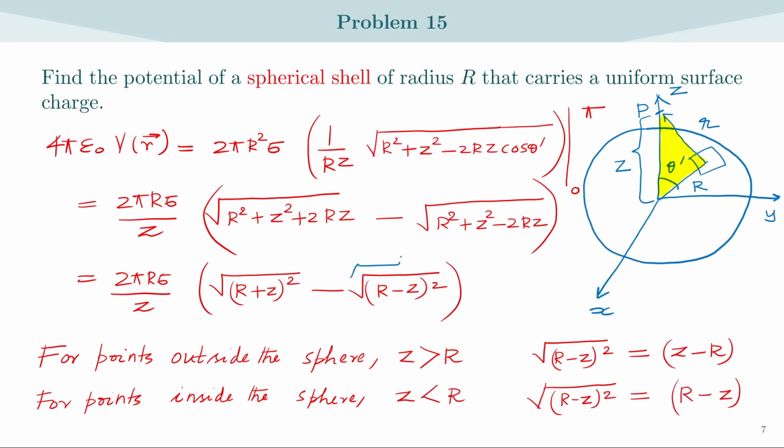In other words, this term has to be the modulus of R − z. Otherwise, the value of the potential will be a complex number.